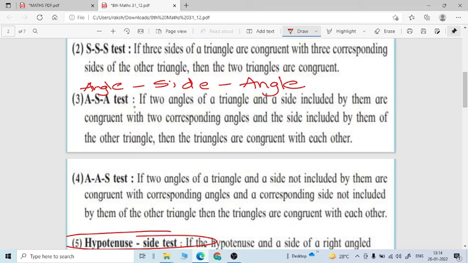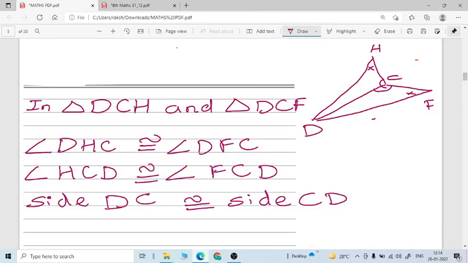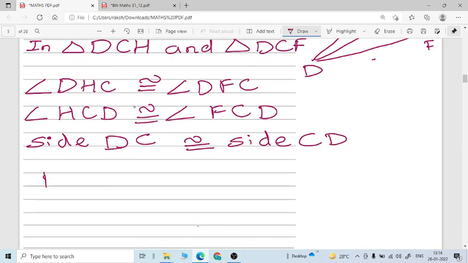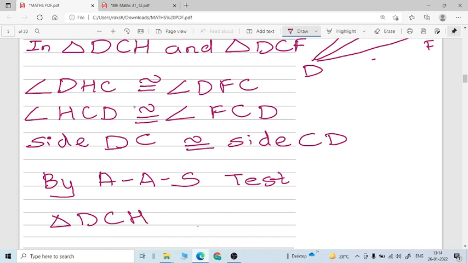Okay, now let's write by AAS test, triangle DCH is congruent to triangle DCF.